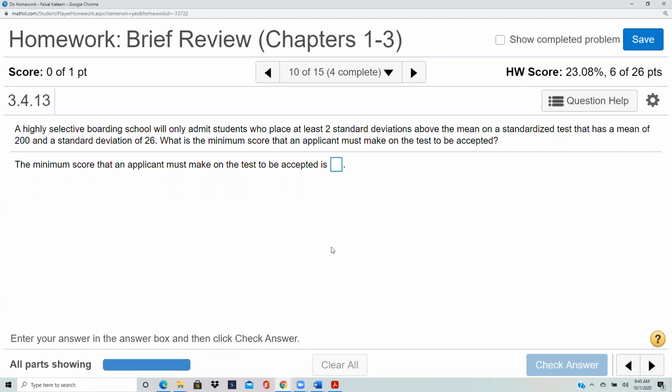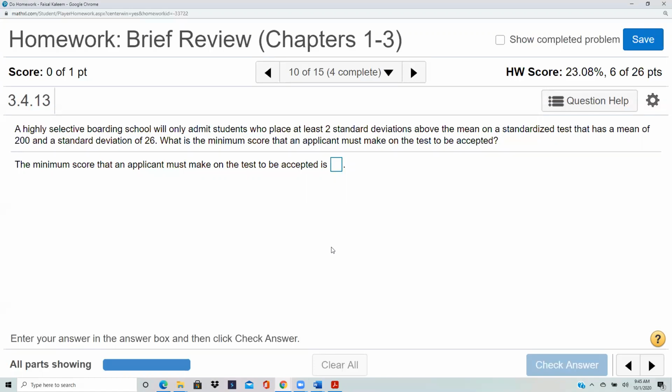The z-score tells you how many standard deviations you are above or below the mean. So what is this 2 in this problem? The standard deviation. No, they said 2 standard deviations above the mean.